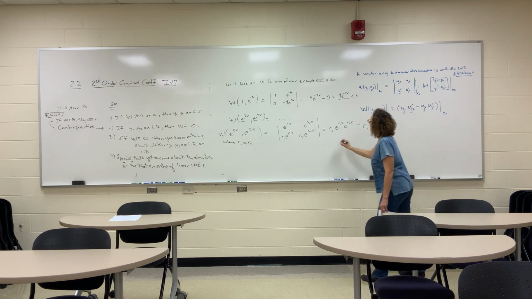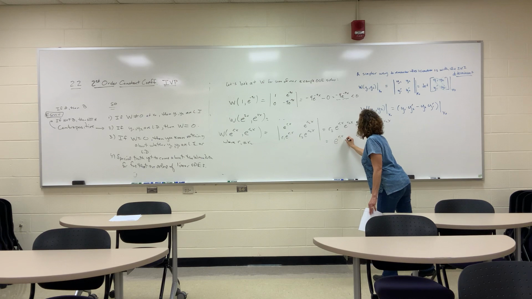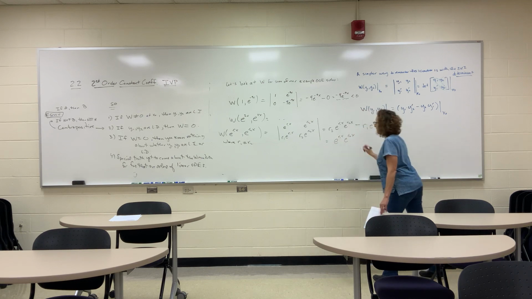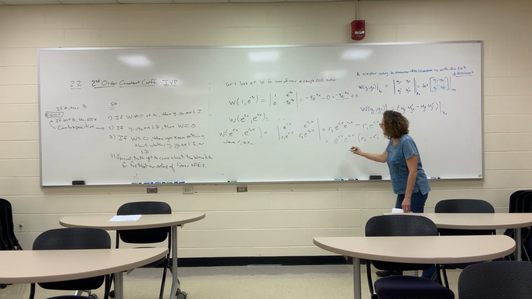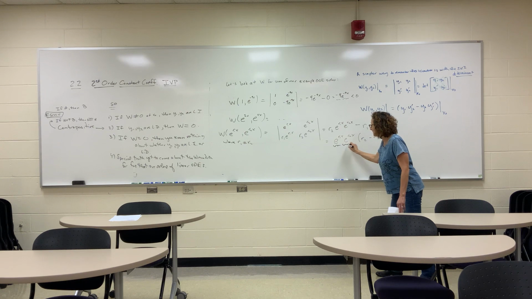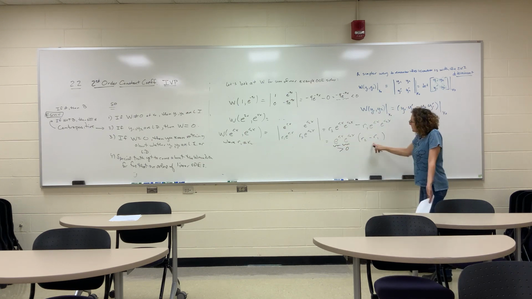What can we do? We can factor an e to the r1x e to the r2x out. And what are we left with? r2 minus r1. What do we know about these exponentials? Strictly positive. e to stuff is always positive. What do we know about r2 minus r1?